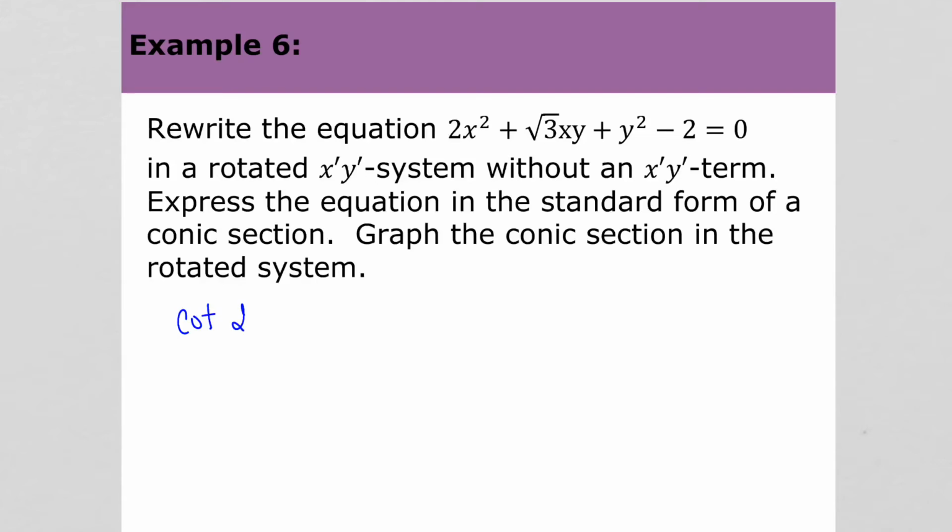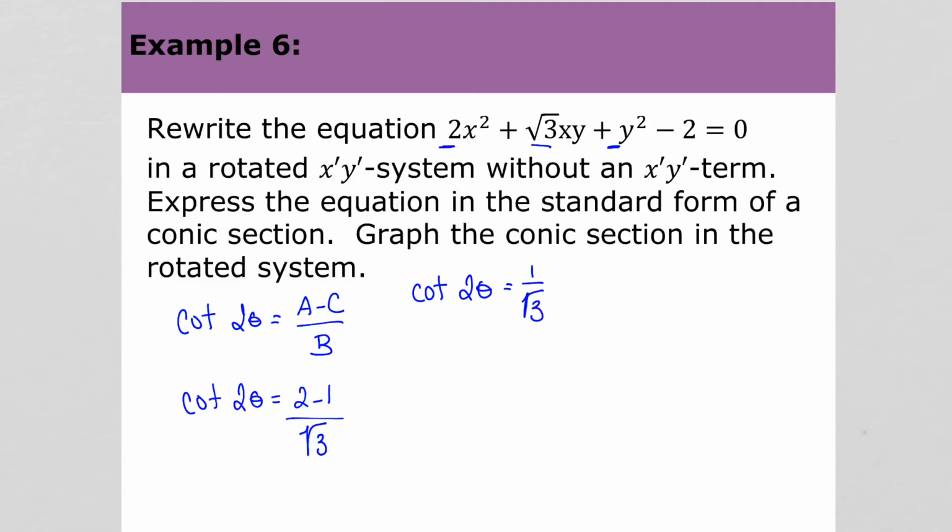Cotangent of 2 theta is equal to A minus C over B. So up here is what A, B, and C are. A is 2, C is 1, and B is the square root of 3. So we have cotangent of 2 theta is equal to 1 over the square root of 3.